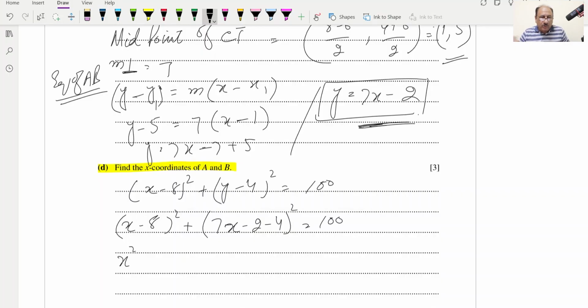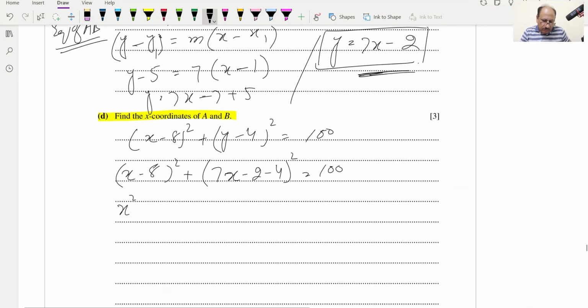We can open the squares, so it will be x squared plus 64 and minus 2ab, so 2 into 8 will be 16x, and plus this will be 49x squared and minus 6, so plus 36 as a squared plus b squared minus 2ab, so 12 into 7 will be 84, so minus 84x because it is a minus b, and we can shift 100 to this side, so it will be minus 100 is equal to 0.